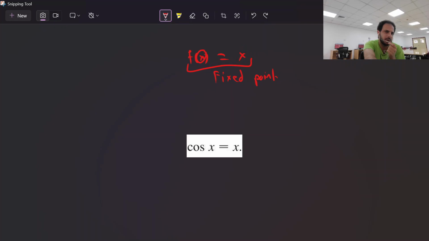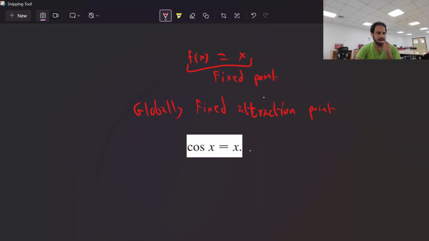So the type of this fixed point is called a globally attracting fixed point. This is not included with you, but it's something very nice I want to show you.